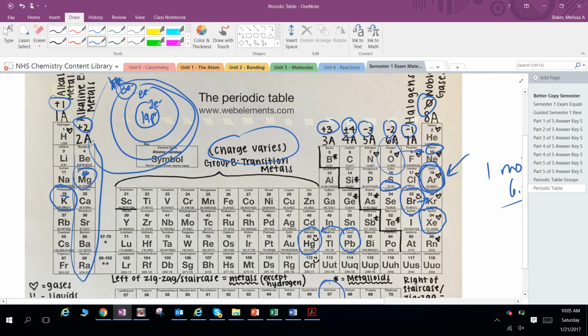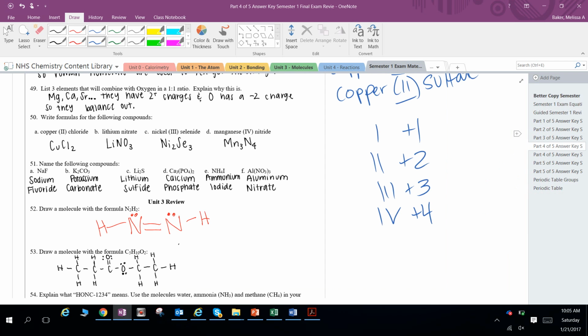So the entire 2A column, beryllium wants to be like helium. 4 minus 2 is 2. Magnesium, we already said, wants to be like neon. It wants to lose 2. So that entire group would like to lose 2, and oxygen would like to gain 2, so they're a perfectly balanced match.